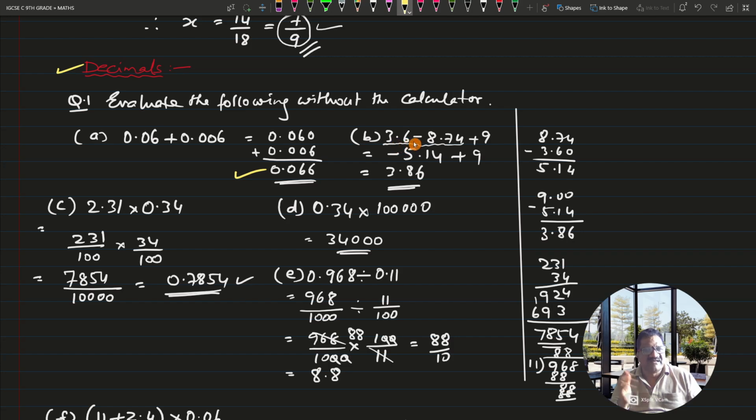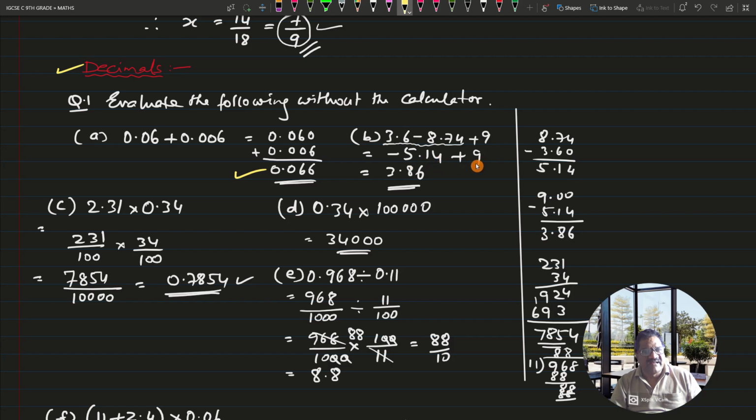The rule from integers is that if you want to subtract one number from another and the bigger number has a negative sign, like 3.6 minus 8.74, here the bigger number is 8.74 and the smaller number is 3.6. You have to subtract 3.6 from 8.74, and whatever answer you get, 5.14, don't forget to put the sign of the bigger number, that is minus 5.14.